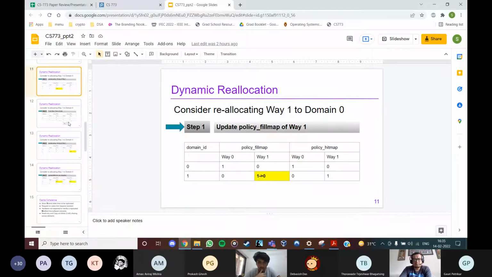I'm not really sure how it is generated. Yeah, this is generated by the system software, either OS or security monitor, whichever is trustworthy.